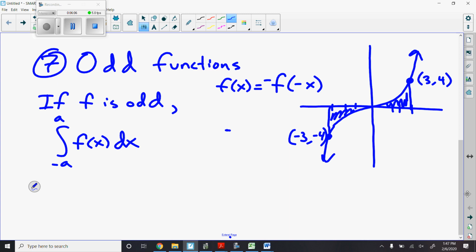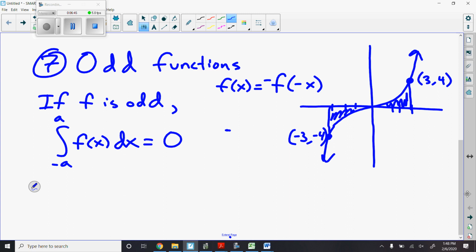So what's going to happen if we integrate from -a to a? Well, hopefully you can see, before I write it, that it's going to have a value of 0. So that can be helpful with odd functions. If we ever see an integral from -pi to pi of sine x, we know the answer is 0 because sine is an odd function, and it's going to have however much negative area it has, it's going to have the equal amount positive area to cancel each other out.